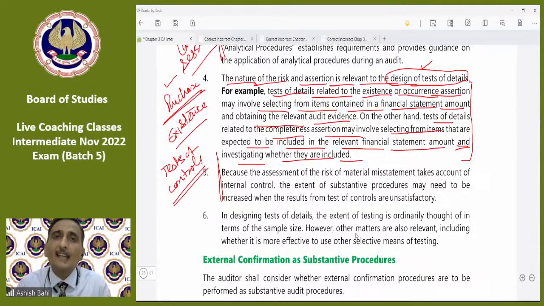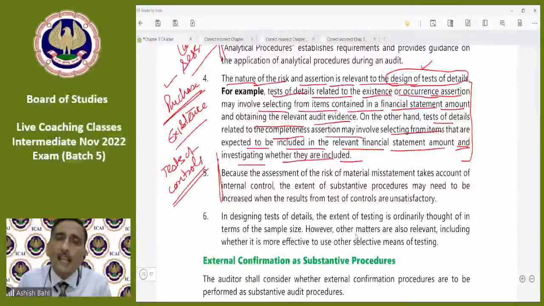He might be satisfied at this stage. Definitely he will do substantive checking depending upon his comfort level, but that area of substantive checking may be reduced by him.